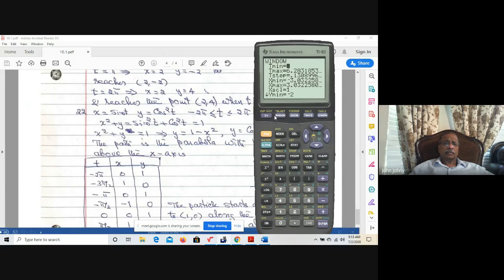Window is from negative 2 pi to 2 pi. Okay, let us see the graph. Yes, again back, again comes up.